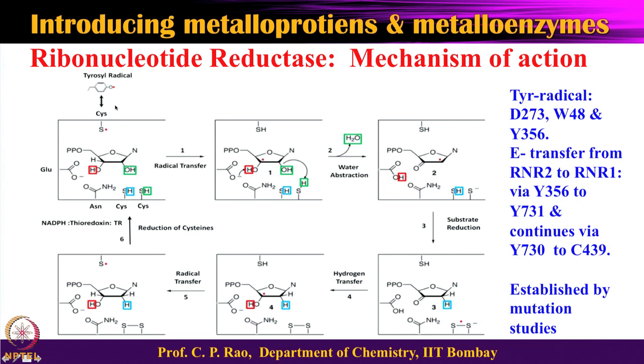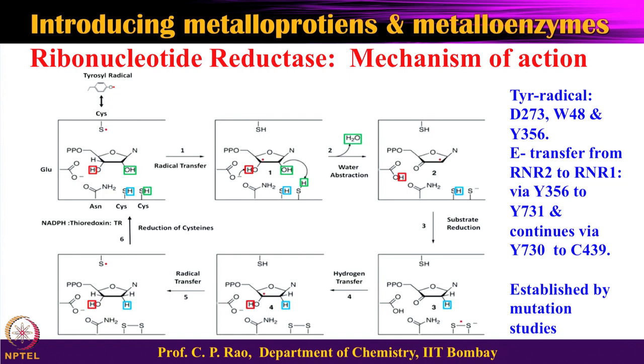So, RNR2 has only one component, that is the diferric ion with the radical center, and the RNR1 has the compartment for binding to the substrate and substrate specificity. Substrate is being recognized. Anything else will not fit here. Anything that comes here will not be recognized by the enzyme.